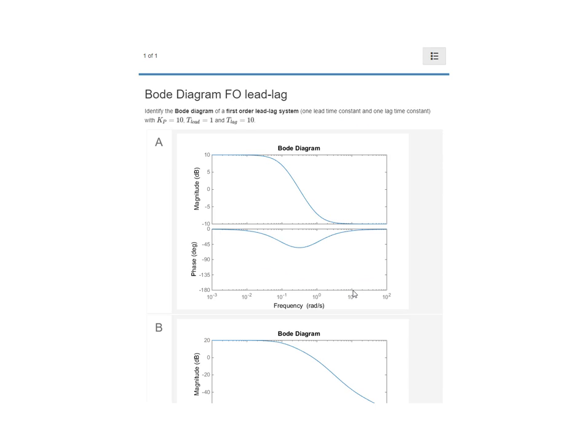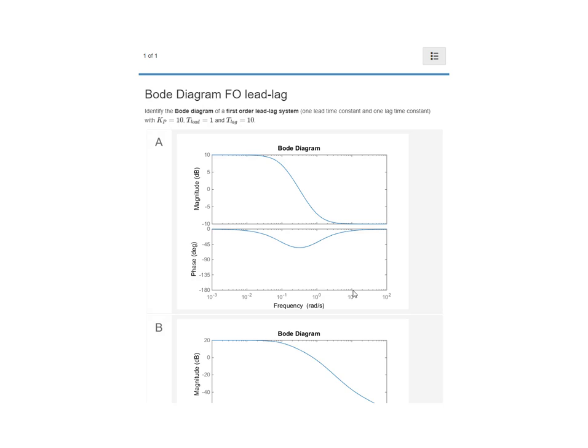Well, using the parameters, we can see here that the low frequency gain, the static gain, is 10. So at the low frequencies we should have a gain of 20 dBs. The high frequency gain is non-zero here because we have a system with relative degree 0.